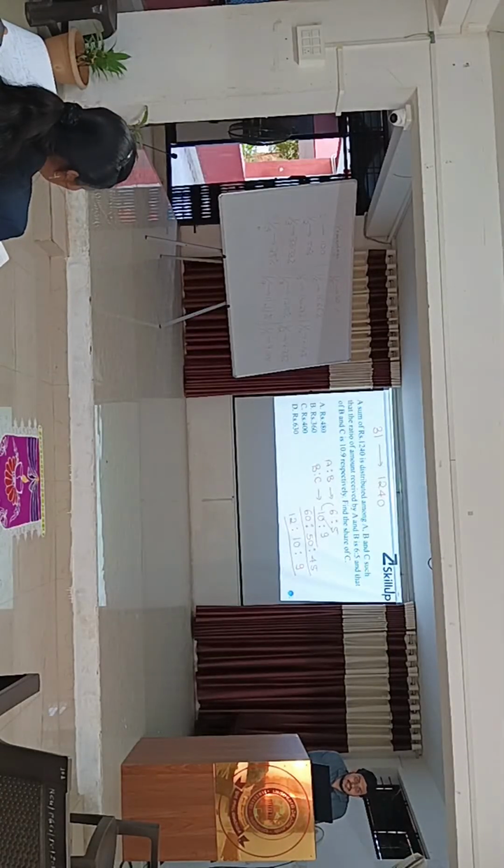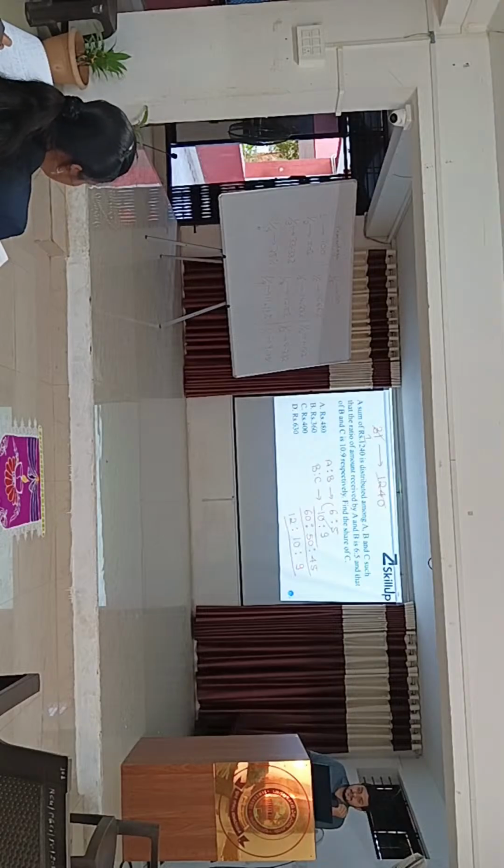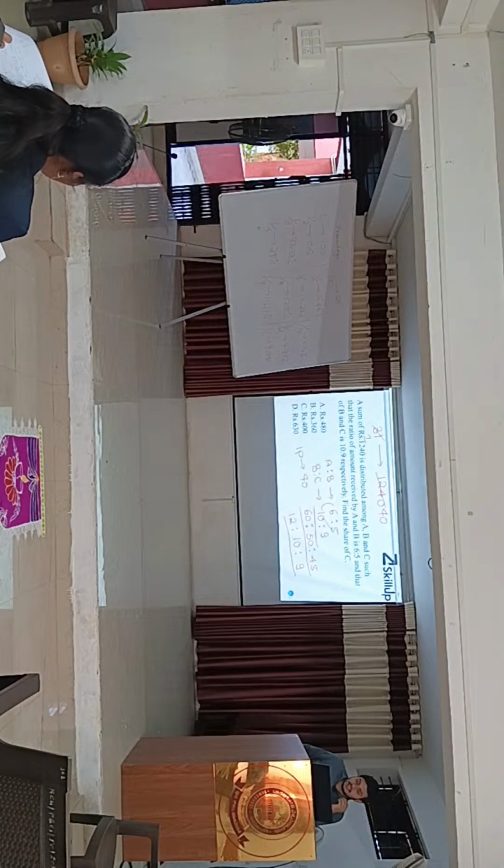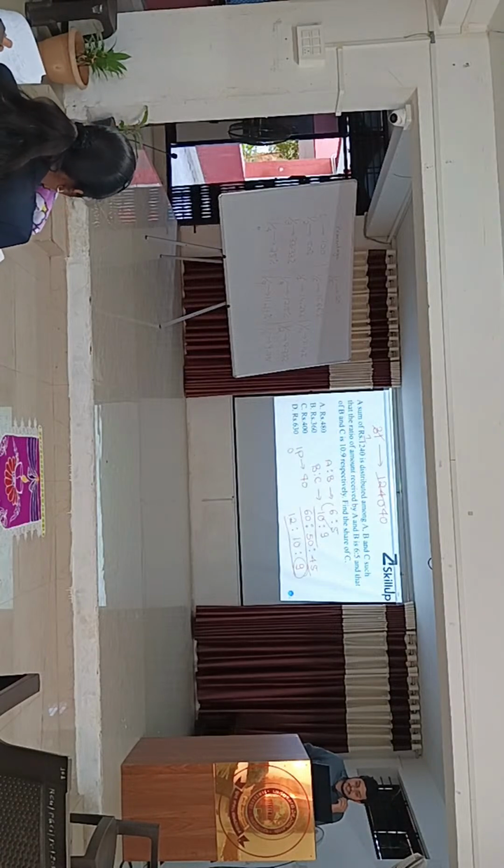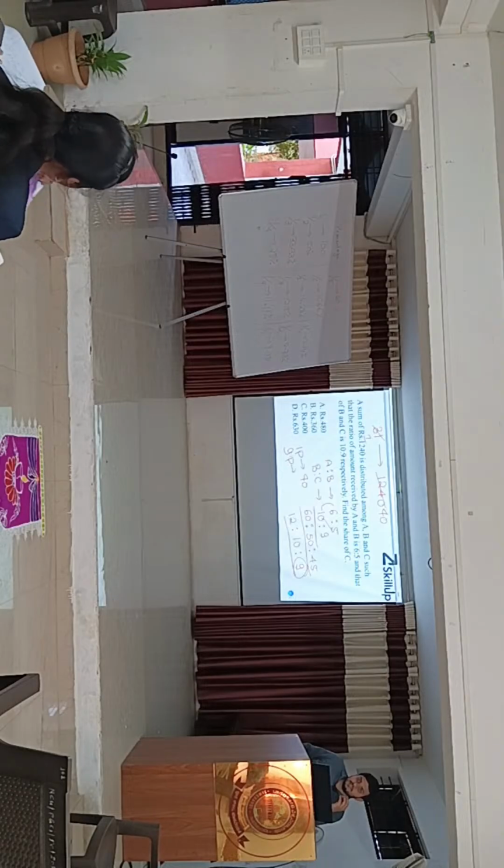That means one part is 4. C value is 9 parts. 9 4s are 36, 360. That is option number B.